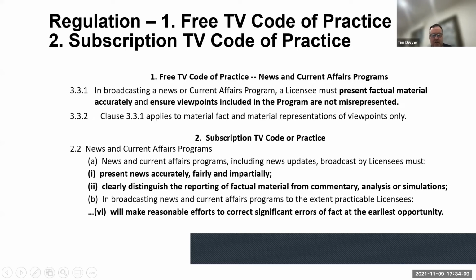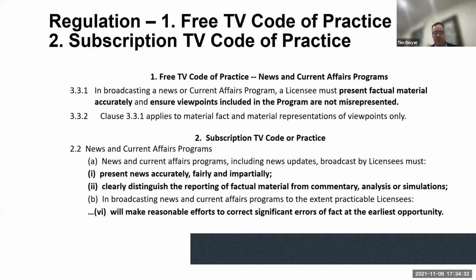And in the second, this is an excerpt from the Subscription TV Code of Practice, and also concerning news and current affairs programs. You can see that it says that news and current affairs programs broadcast by licensees must present news accurately, fairly, and impartially.